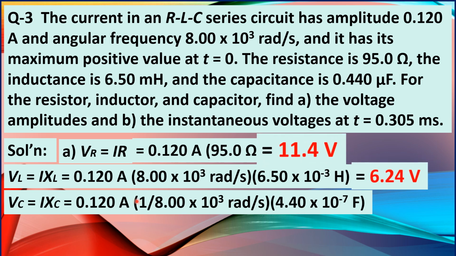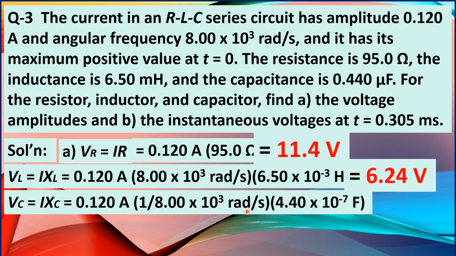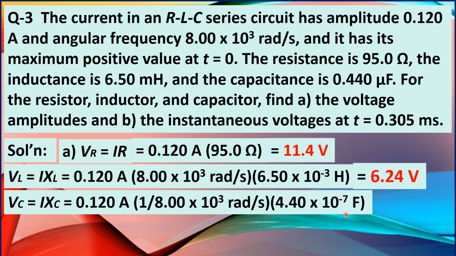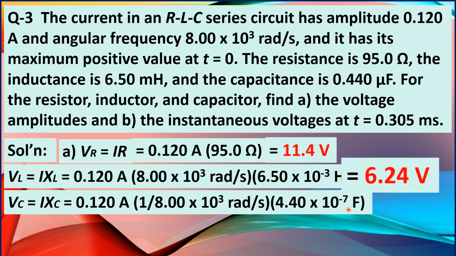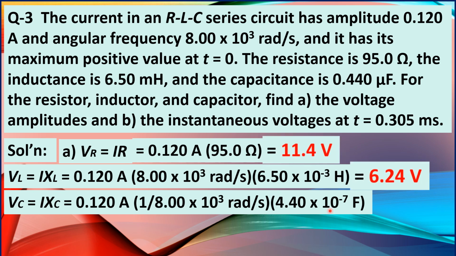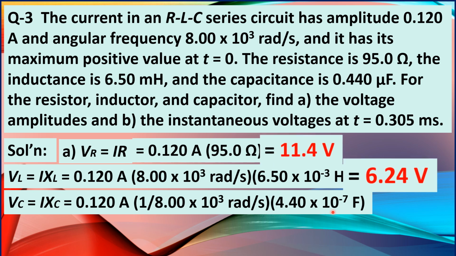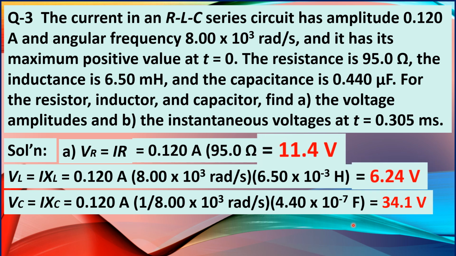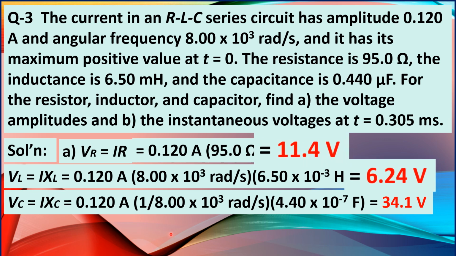So that means 1 over 8.00 times 10 to the third power radian per second multiplied by 4.40 times 10 to the negative 7 farad. Alright? 0.440 microfarad converted to farad is 4.40 times 10 to the negative 7 farad. And doing our math, once again, we will get the value for the voltage amplitude across the capacitor equal to 34.1 volts.